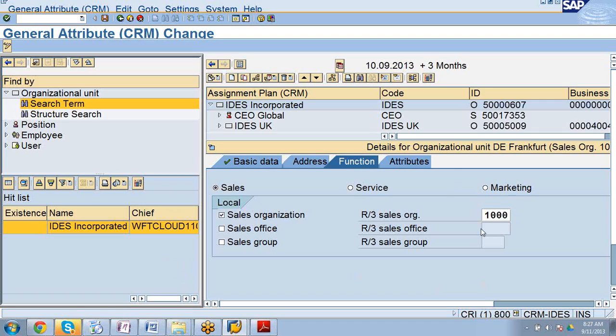And write this one, R3 sales organization, and circle this one in your note. Done? Yes, sir.